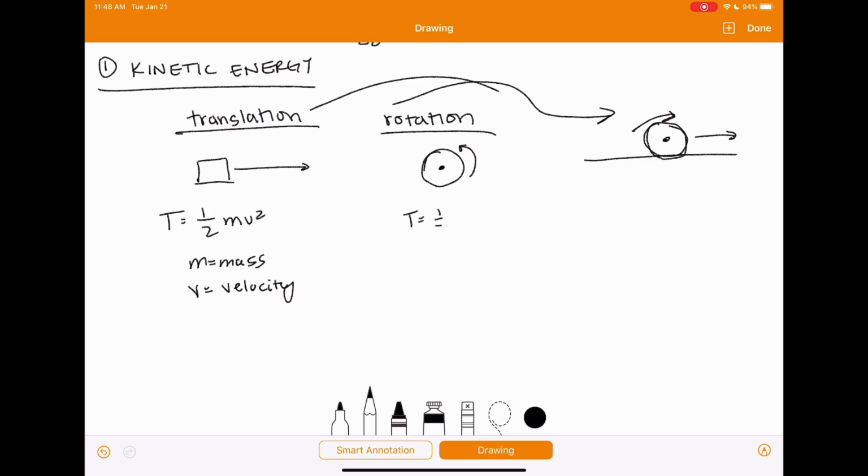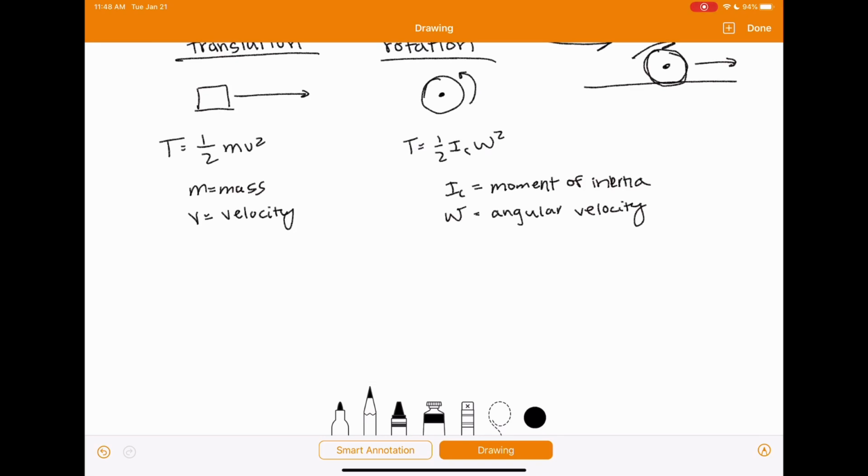You're going to get 1/2 IC omega squared, where IC is the moment of inertia of that object about its centroid, and omega is the angular velocity of that object.